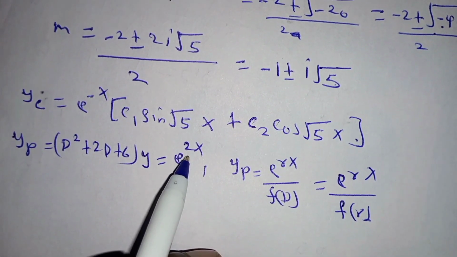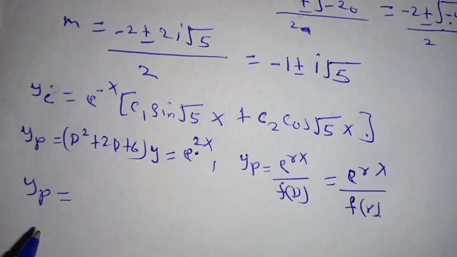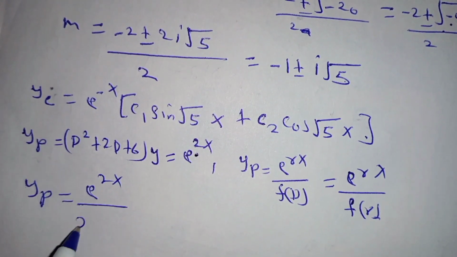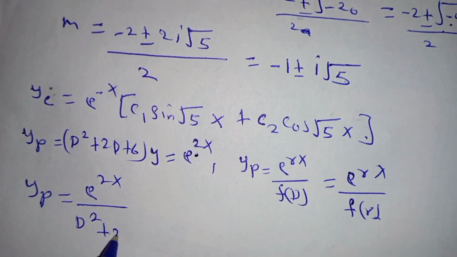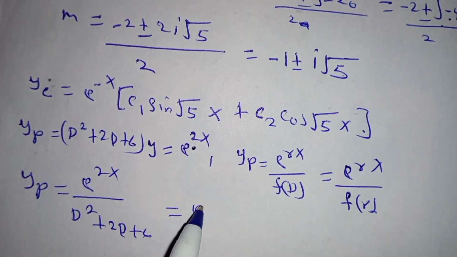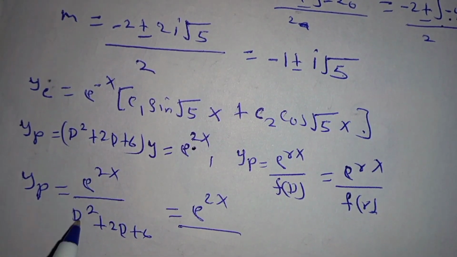In our case, we shall have yp equal to exponential 2x divided by D squared plus 2D plus 6, which is equal to exponential 2x divided by, instead of D, we substitute 2.